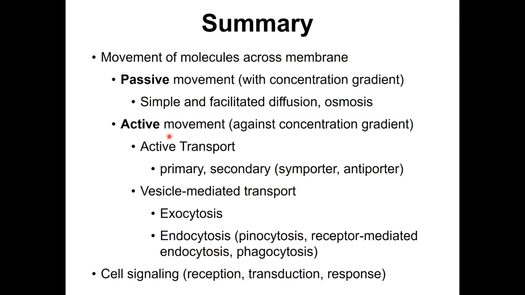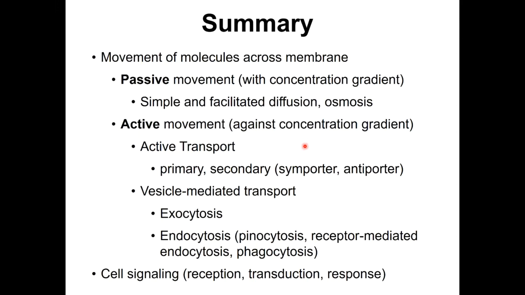This is referred to as active transport, which can be of two types, primary or secondary, depending on whether the energy comes from binding directly to the ATP molecule or from dissipating the concentration of a second molecule, in the same direction or opposite direction. So primary or secondary active transport.